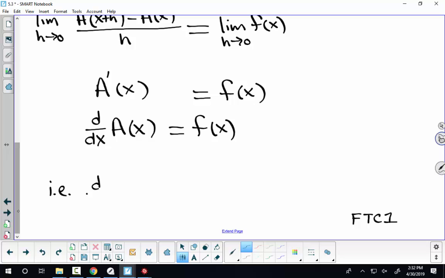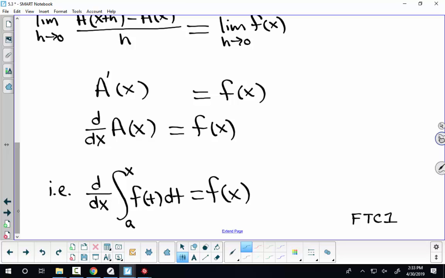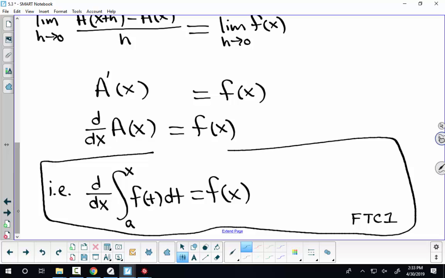If we write this out according to the area function's definition, the derivative of the integral from a to x of f of t dt is equal to f of x. And like we said earlier, that's the fundamental theorem of calculus, part 1.